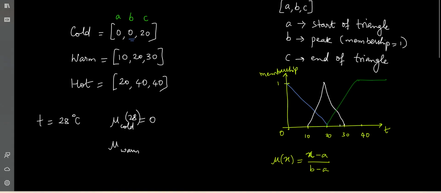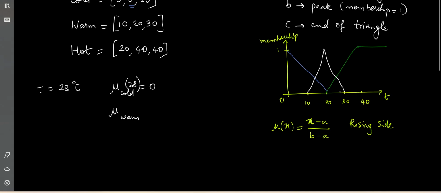Okay, you know what a and b are here. This is on the rising side, which is not the case here. For the falling side, mu of x is equal to c minus x upon c minus b, if the input is on the falling side of the line.